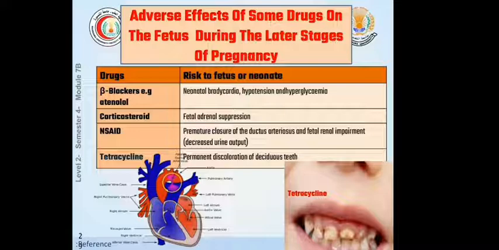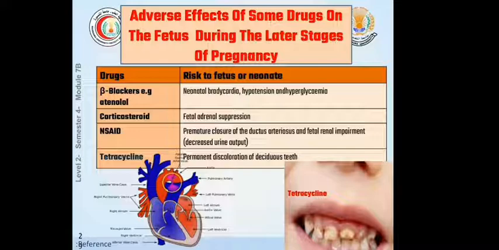In the fetus, the ductus arteriosus is kept open until birth. It is kept open in the fetus by the placental prostaglandin E2. So, use of non-steroidal anti-inflammatory drugs by the mother will lead to inhibition of the formation of prostaglandin E2, so it will lead to premature closure of the ductus arteriosus.